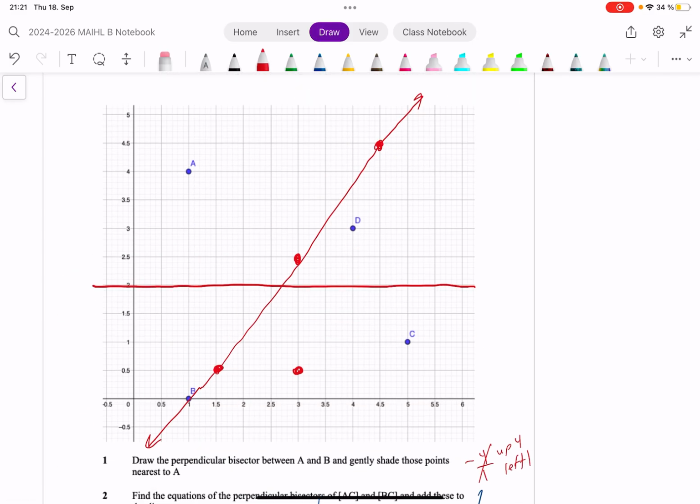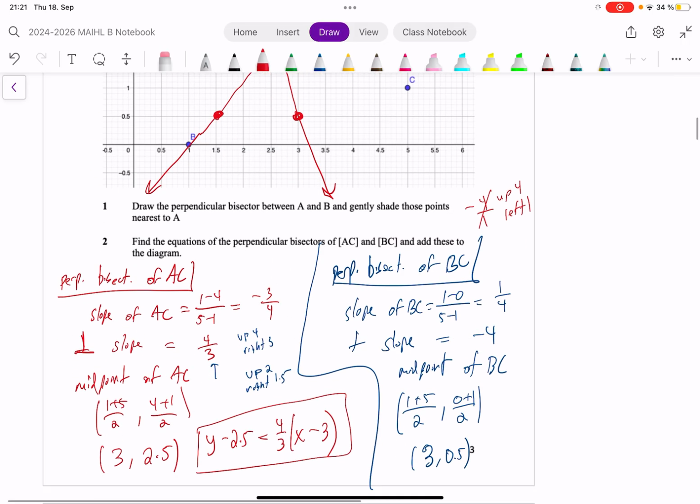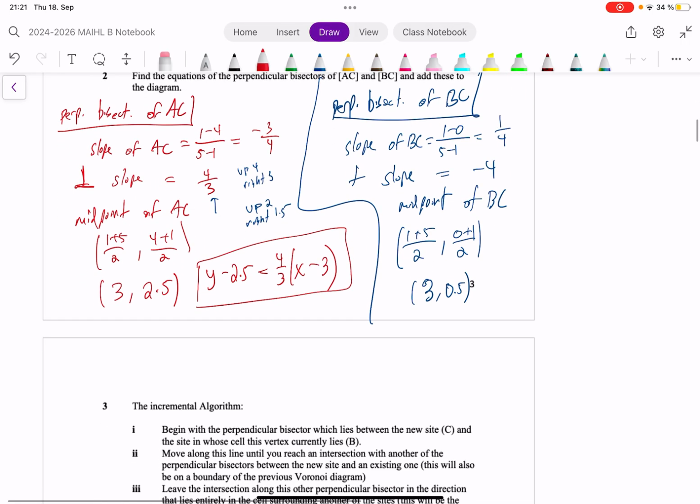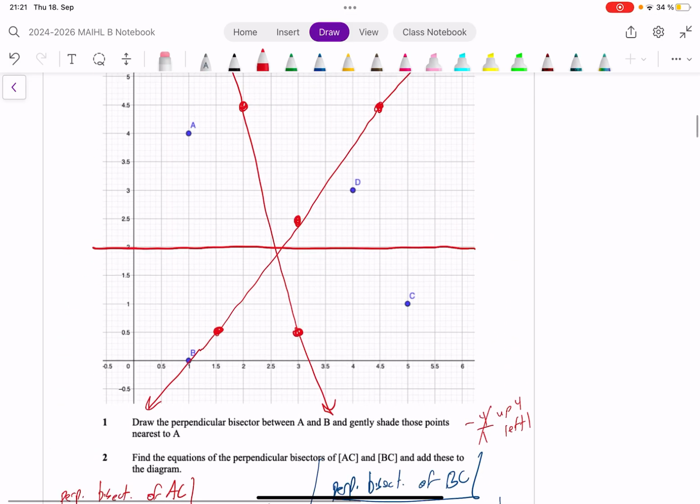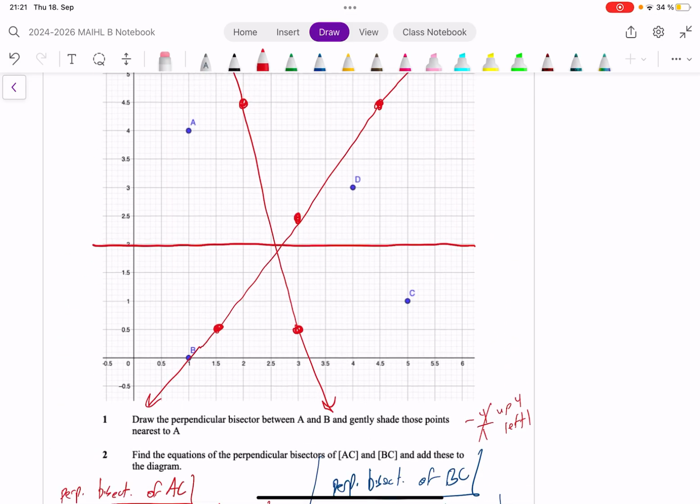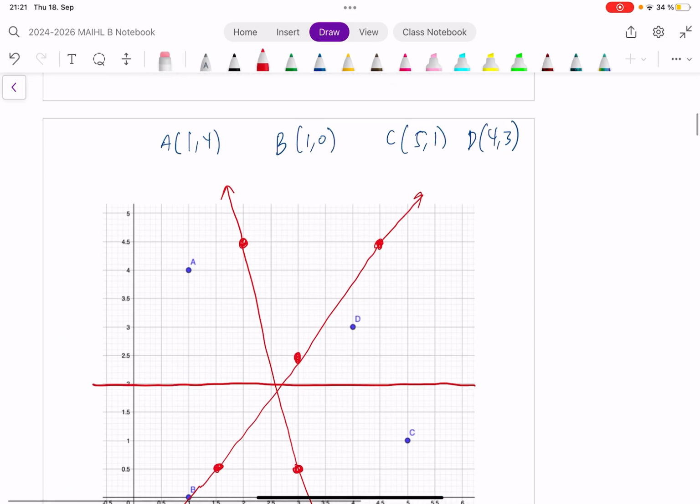So up 4 brings me 1, 2, 3, 4 up there, and left 1 brings me there. So if I connect those, let's see, start to build this, and that one. Okay. And so I've now added a decent amount of the perpendicular bisectors.